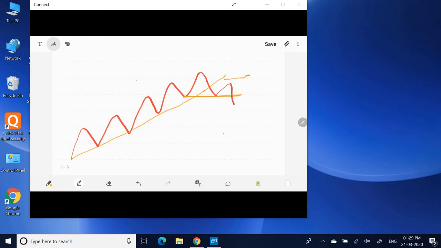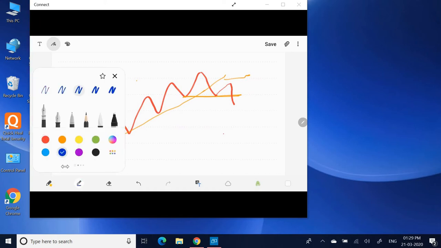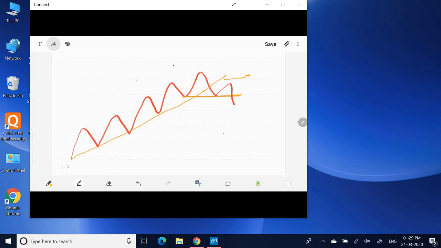When you get this confirmation, the confirmation is that the price has now made a lower high and a lower low. This is when the trend has changed.